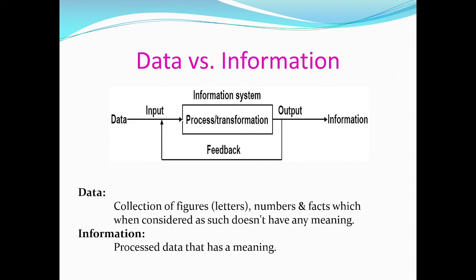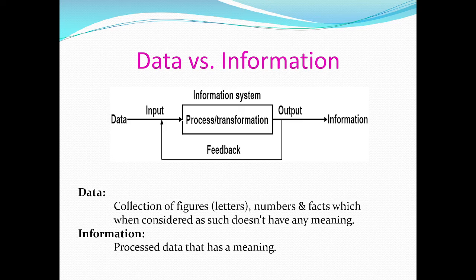Look at the picture. Here the data is given as an input to the information system, which is nothing but a computer system, where the input data is processed and given out as an output, and we call that output data information.